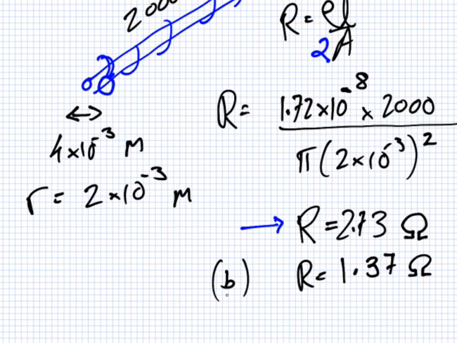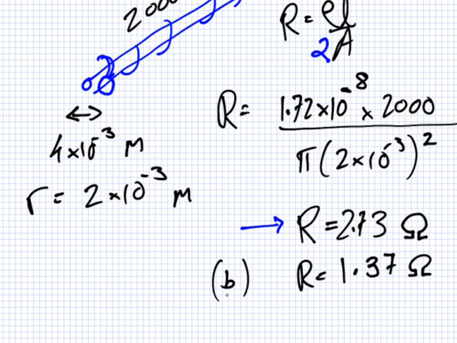So for this last one, the answer to the first was 4 times 10 to the 7, 42.4 mega ohms. Okay. For this last one here, you have some copper wire, and it's very long.